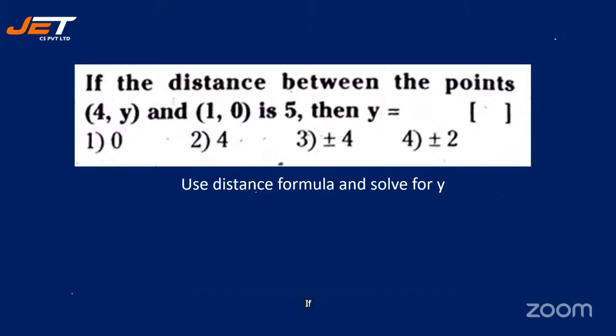If the distance between the points 4, y and 1, 0 is 5, then what is y? Now here they are asking distance. So the distance formula is root of y2 minus y1 the whole square plus x2 minus x1 the whole square.